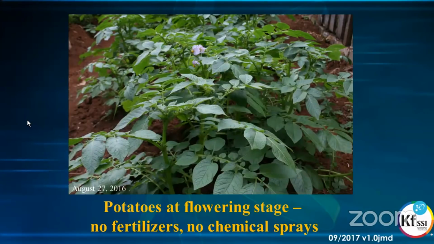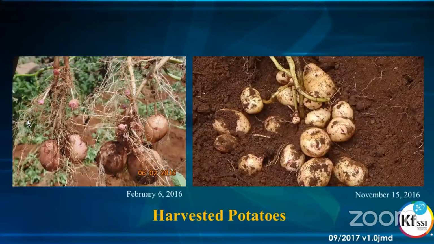Pests, insignificant. Diseases, insignificant. And the harvest, what you see are harvests from two different crops. The one to the left was the first one that I harvested on February 6, 2016. And then I grew another crop at another time in a different place, and that was harvested in November 2016.